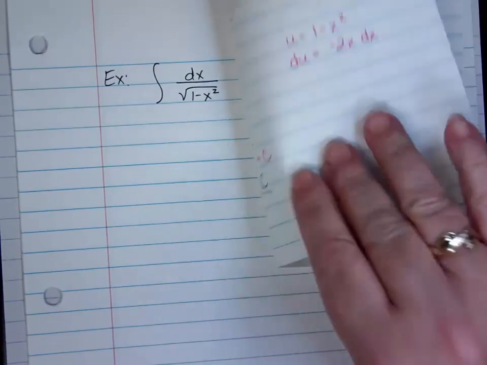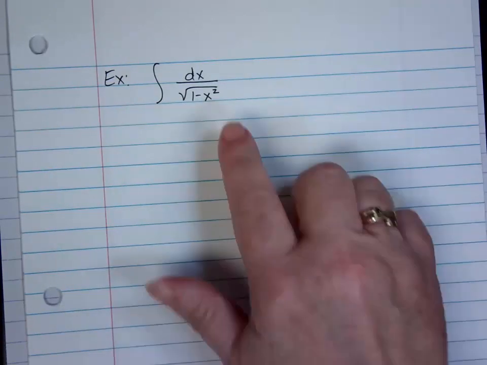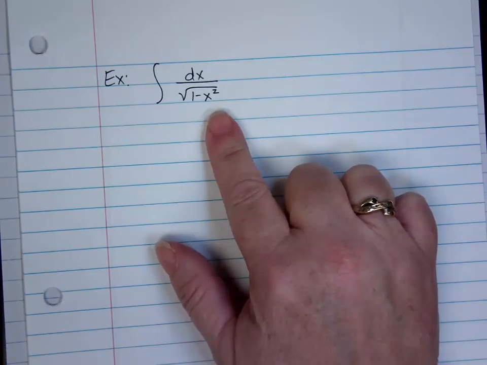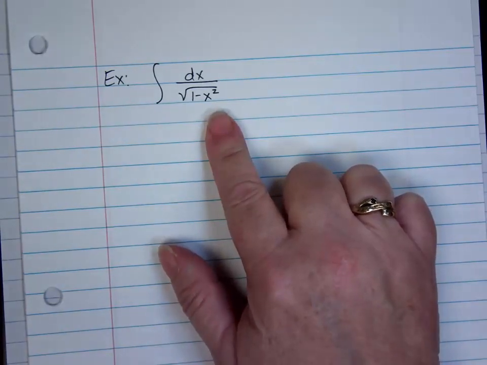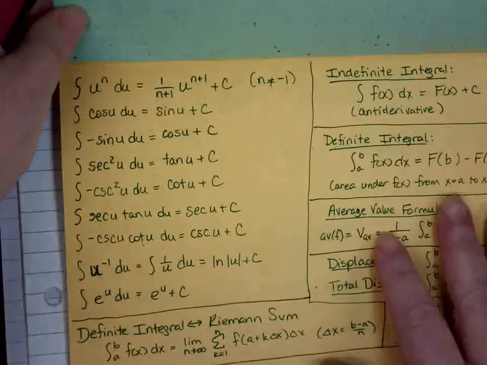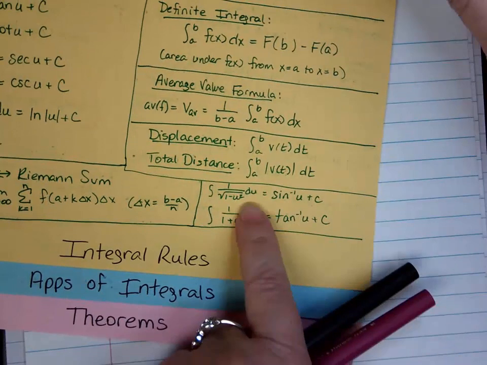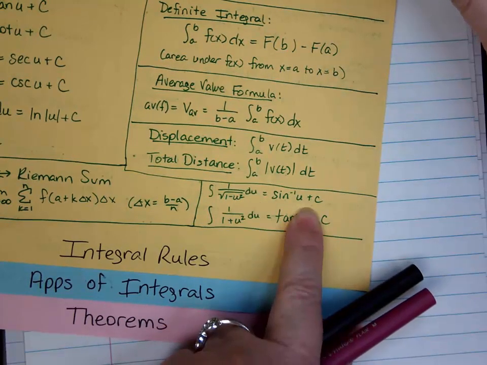However, this is one of the integrals on your flip chart that we just wrote down. Pull your flip chart out and take a look. Which one is it? It is this one right here. It is sine inverse. So this is a direct one, I don't need a u sub.